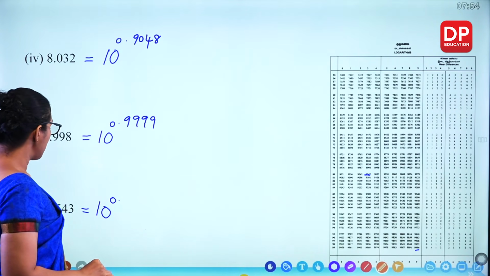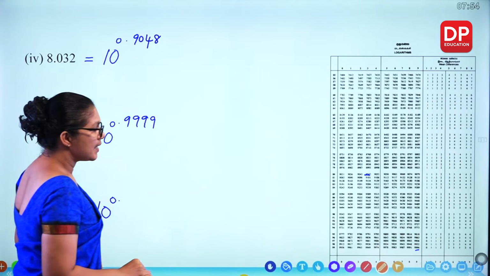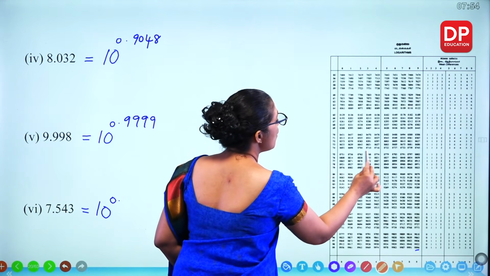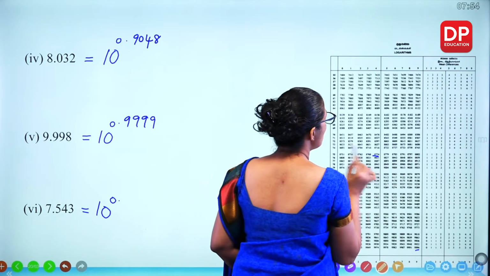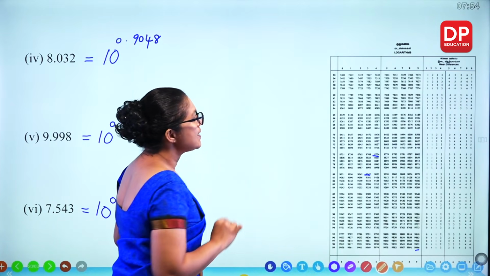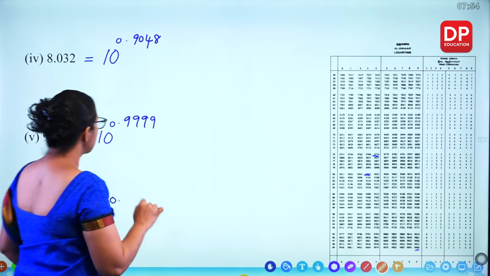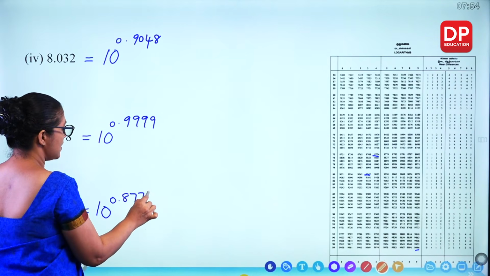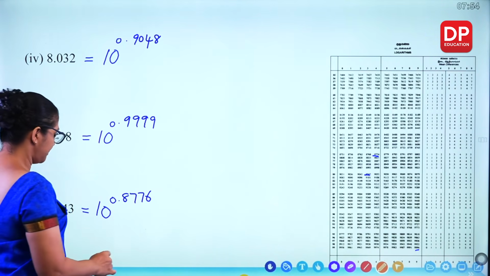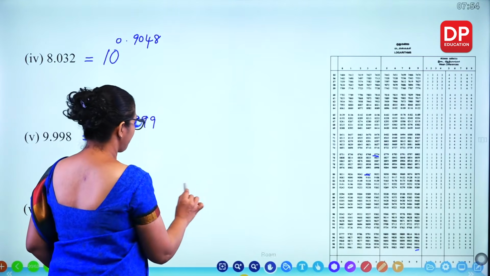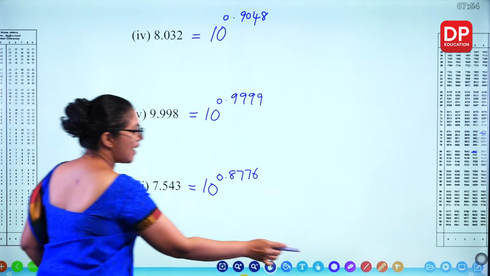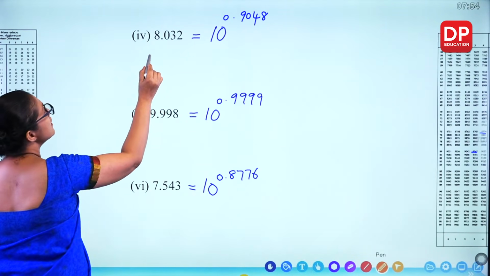Next one, 7543. 3 is 2. Adding 2 to that, 8776. And then you can write down the log values.